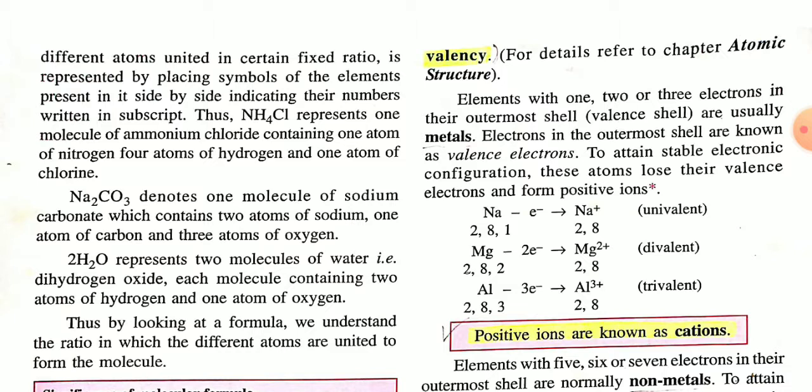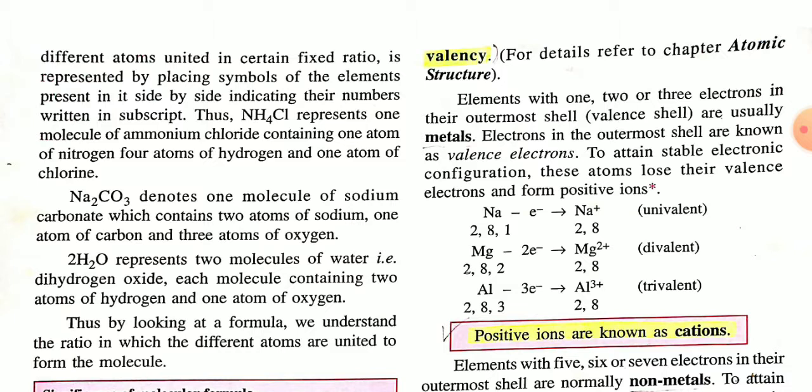Similarly, if an atom of an element accepts one or more electrons, then it will form anions, and anions are negatively charged. Generally, metals form cations by losing one, two, or three electrons from their outermost shell.